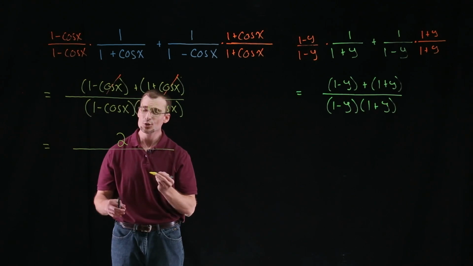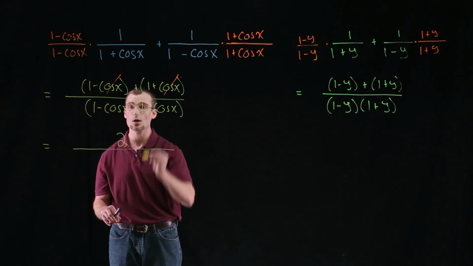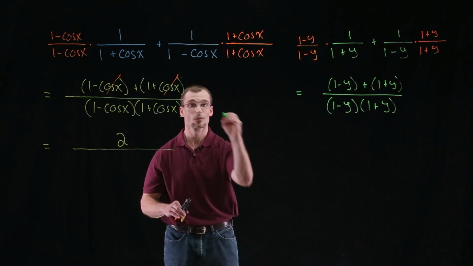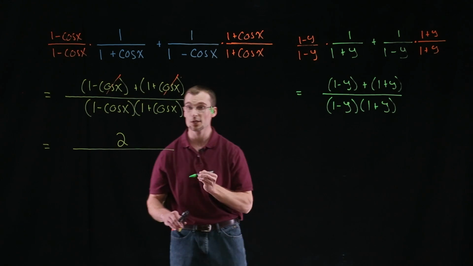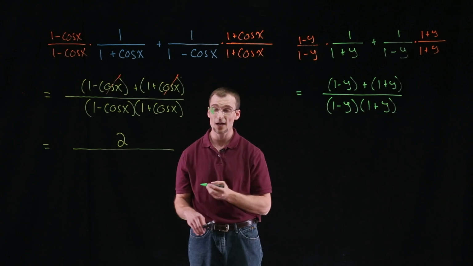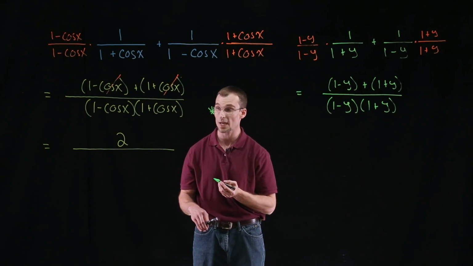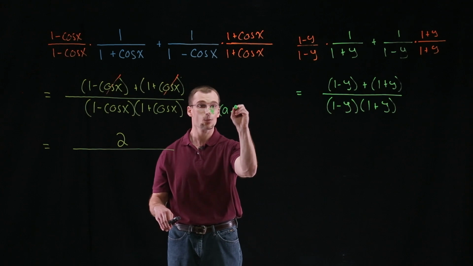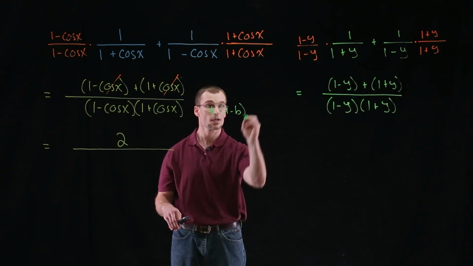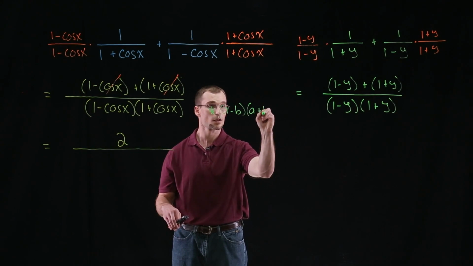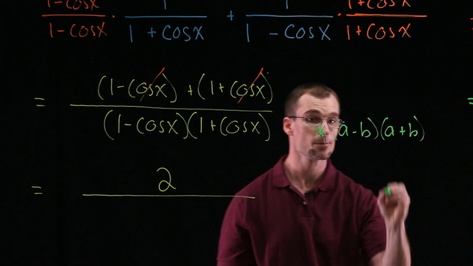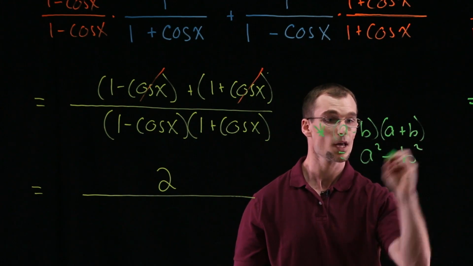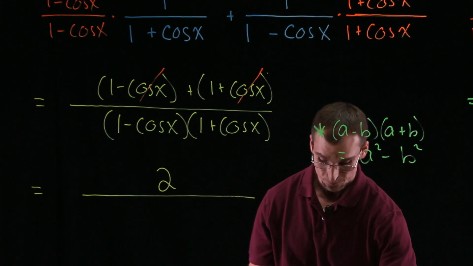Now in the denominator, there are two ways we can do this. We can FOIL all this out, but a good thing to remember that will be useful for us is some of our factoring formulas from algebra. One of the formulas we have from algebra is if we have an expression a minus b times a plus b, that is equal to a difference of squares, a squared minus b squared.